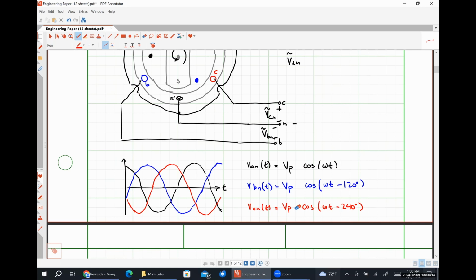So we would have to physically mess the machine up in order for there to be any significant variation in the magnitude of these voltages. Yes? You're talking about a balance system? Yep. So in a balance system, the magnitude of our voltages generated by our generator will all be the same, and everything will be exactly 120 degrees out of phase with the subsequent phase.